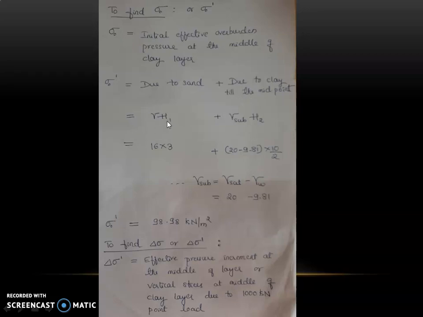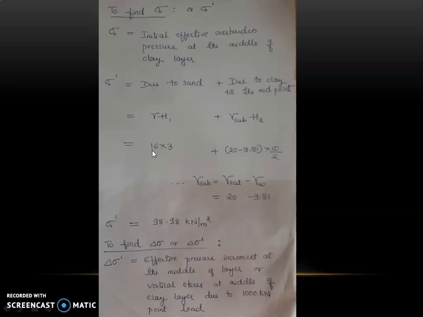So we write sigma naught due to sand as gamma into h1 and sigma naught due to clay layer is gamma submerged into h2 because clay layer is under water.